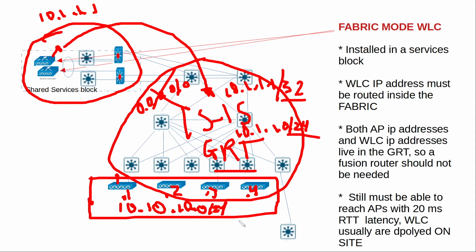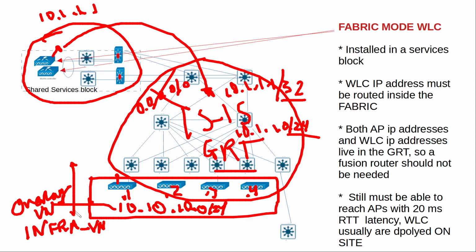Internally, this subnet is assigned into an overlay virtual network that is known as the infra VN. But this particular overlay virtual network is mapped into the underlay global routing table. So for practical purposes, you can think that the IP addresses that belong to your access points live in the global routing table of your underlay.